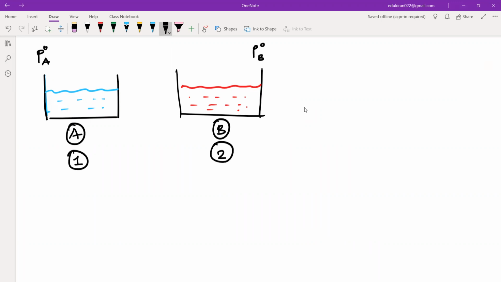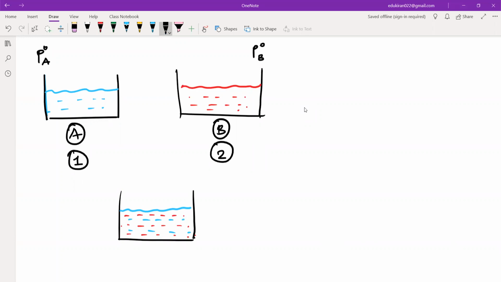Everything is clear. Now, when we have mixed something, let us take that we have taken the solvent as A, and we have added some B also here. Now these things are not pure, right? It is not pure.